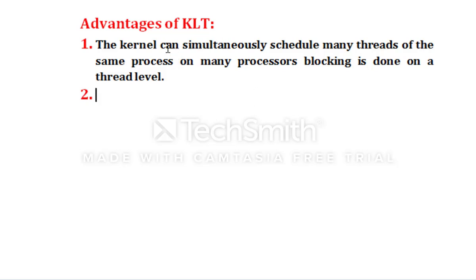Now here the kernel can simultaneously schedule many threads of the same process. So if a single process has multiple threads, then the management of all threads is possible in kernel level threads, because all the threads are managed by the API system calls, which are called by the operating system, right?